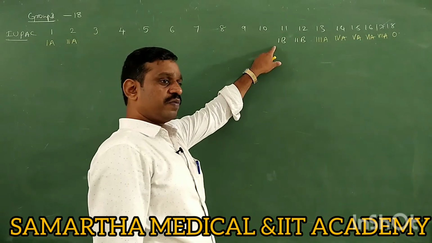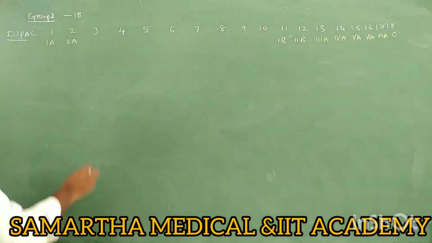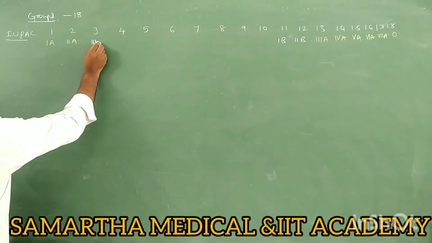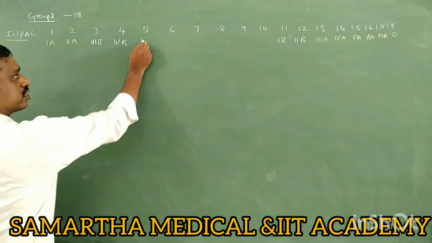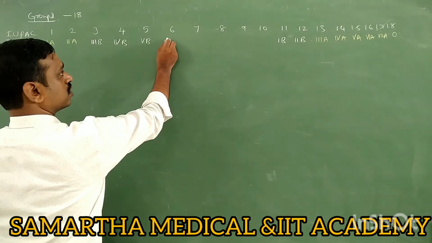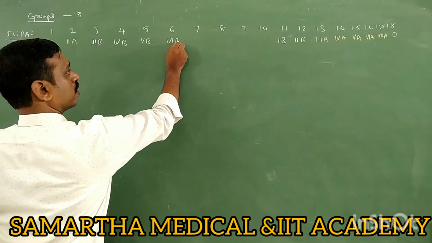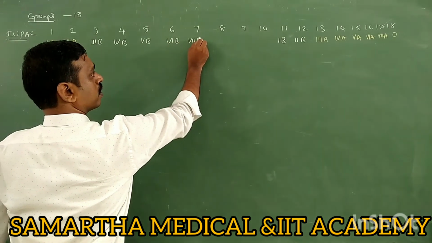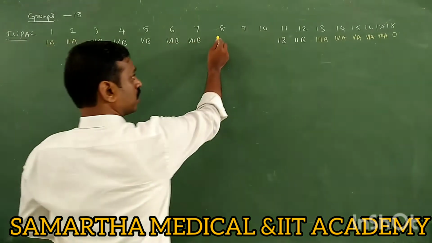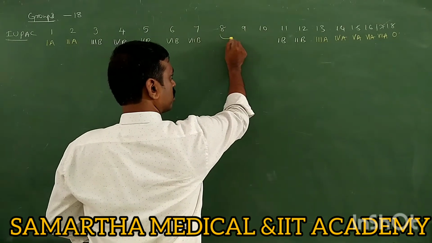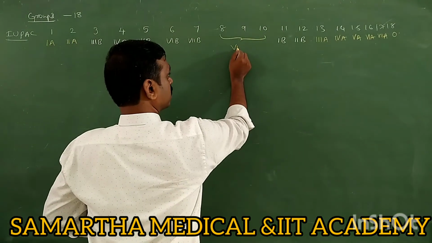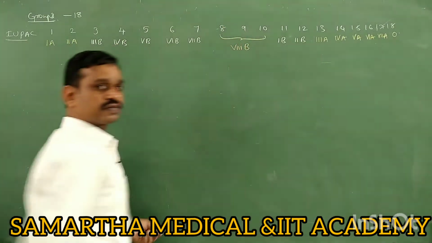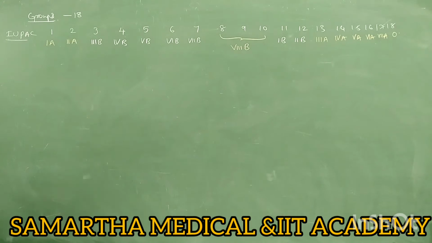Next, the third group is 3B, then 4B, 5B, 6B, 7B. And the remaining three groups, the 8th, 9th and 10th, are collectively called 8B. So this is the old classification. You should remember both.